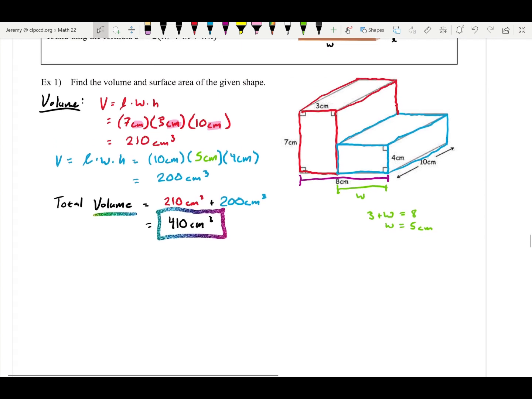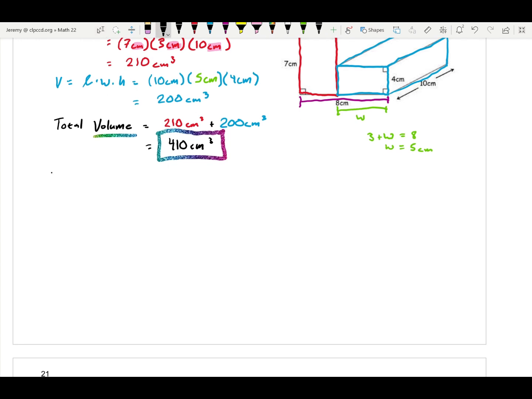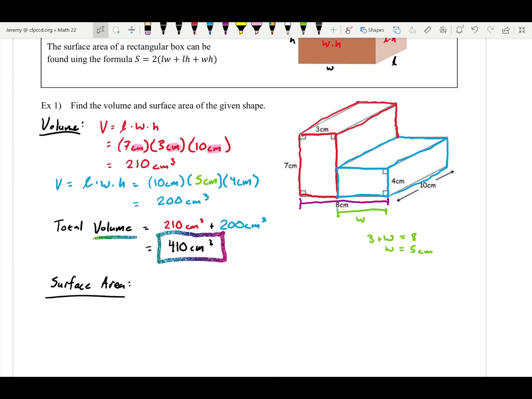Okay, great. Let's talk about surface area now. I could use these same two boxes to break up and find the surface area, because I'm seeing a lot of rectangular surfaces, for sure.